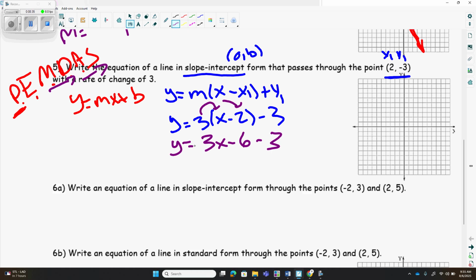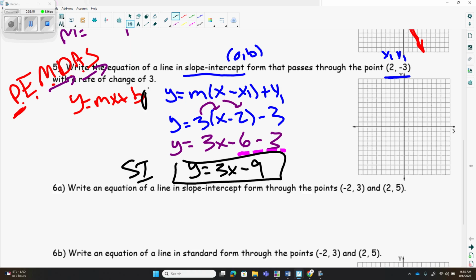Then I will put these together now, which gives me negative 9. Now I am in SI form. I started with point-slope form and ended up in SI. If I want standard form from here, I have to go from SI form into standard form.